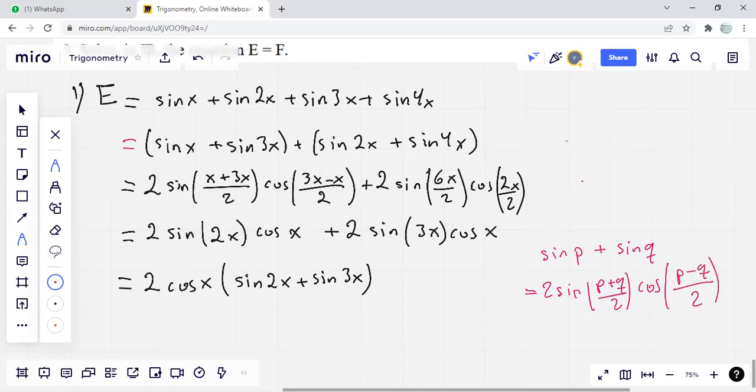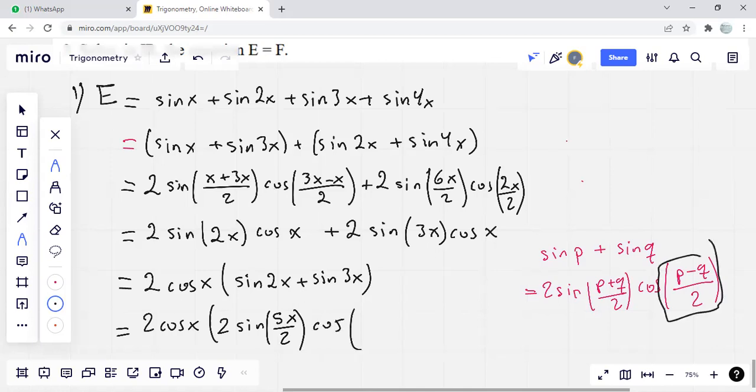Okay, so now this will be equal to cosine x, I will leave it as it is, into the summation of sine, which will be equal to 2 sine, okay, half their sum, so 2x plus 3x is 5x over 2, cosine of the half of their difference. So 3x minus x will get x over 2.